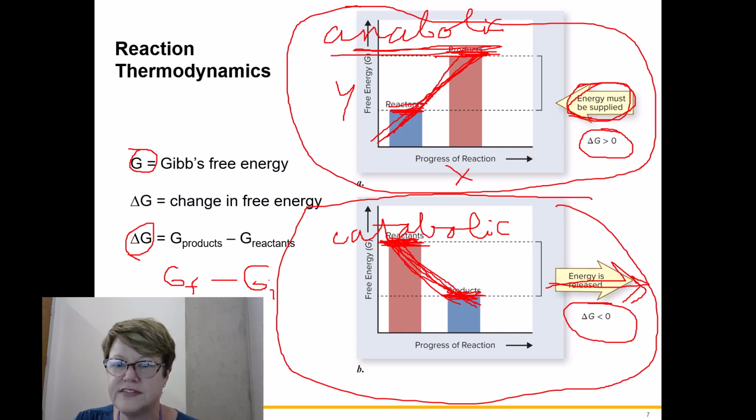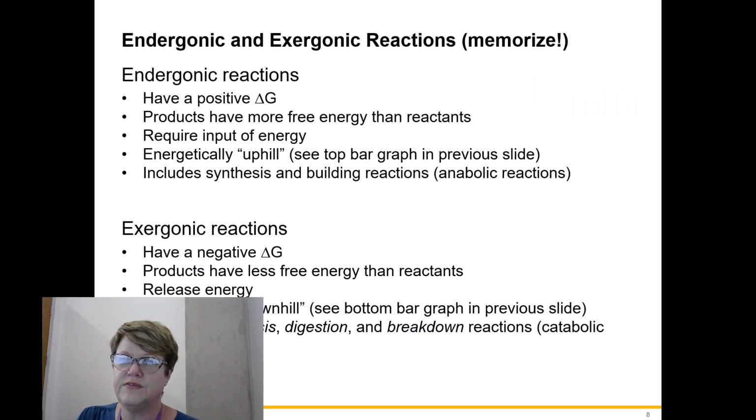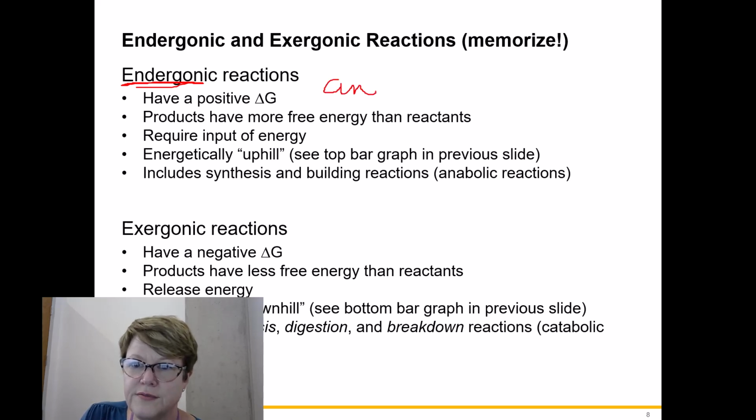Okay, so I summarize that on this next slide, and we've added some terms. This term is endergonic. Endergonic goes with the anabolic reactions on the previous slide. So anabolic reactions are endergonic. They always have a positive number for their delta G value.